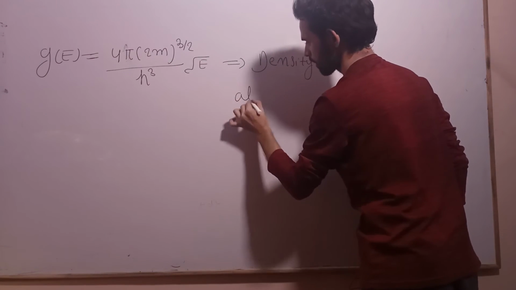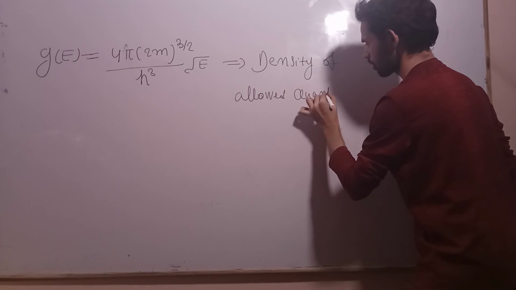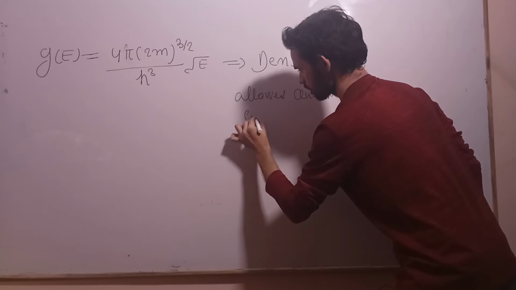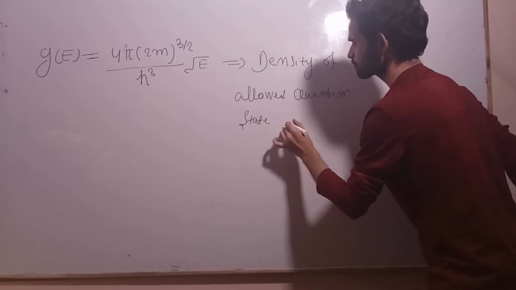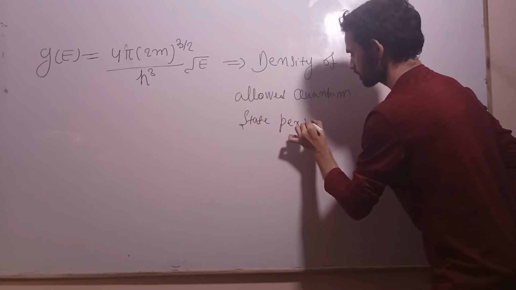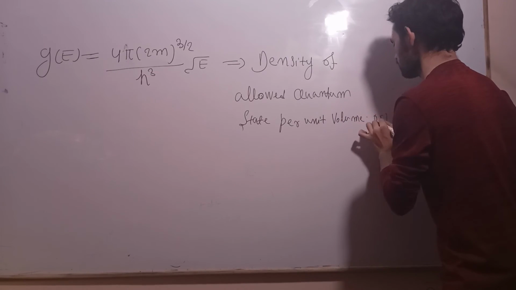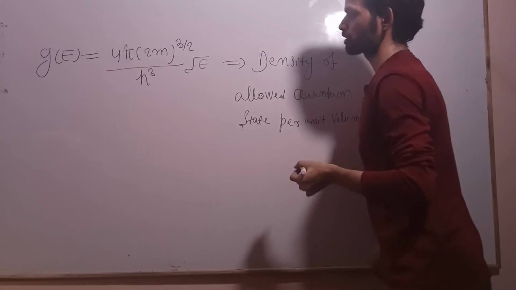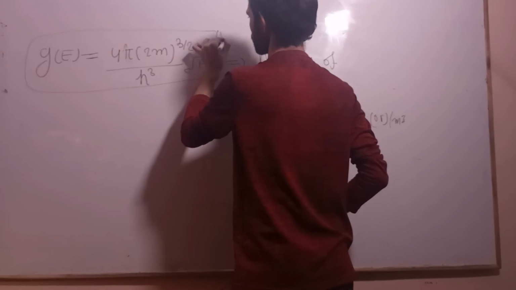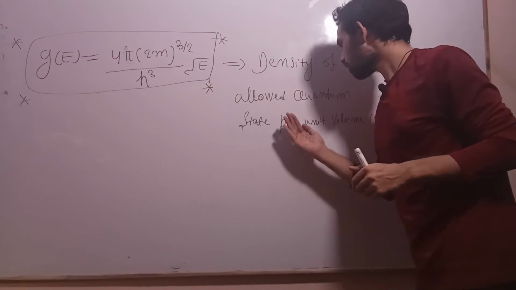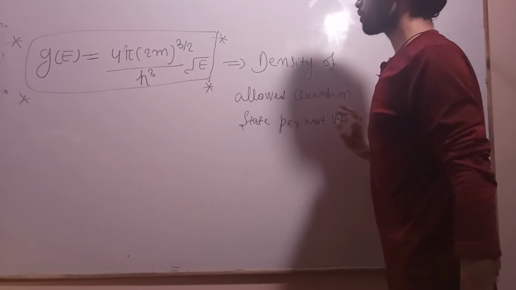So this is my density of allowed quantum state per unit volume, or you can say per meter cube or per cubic centimeter.